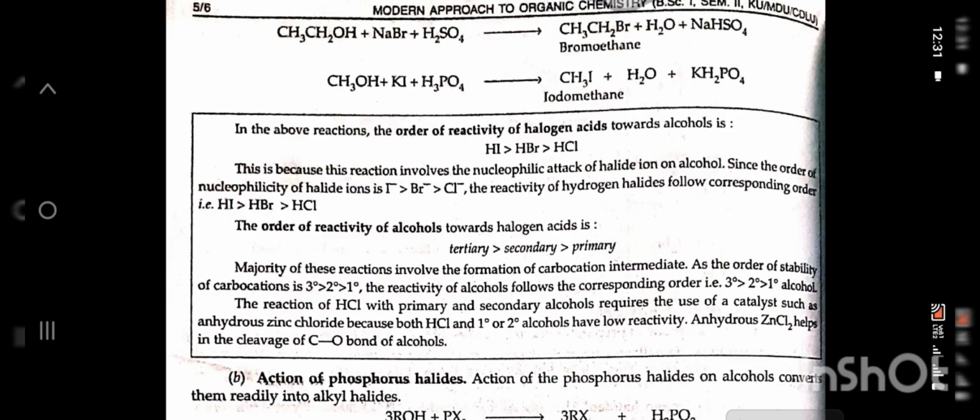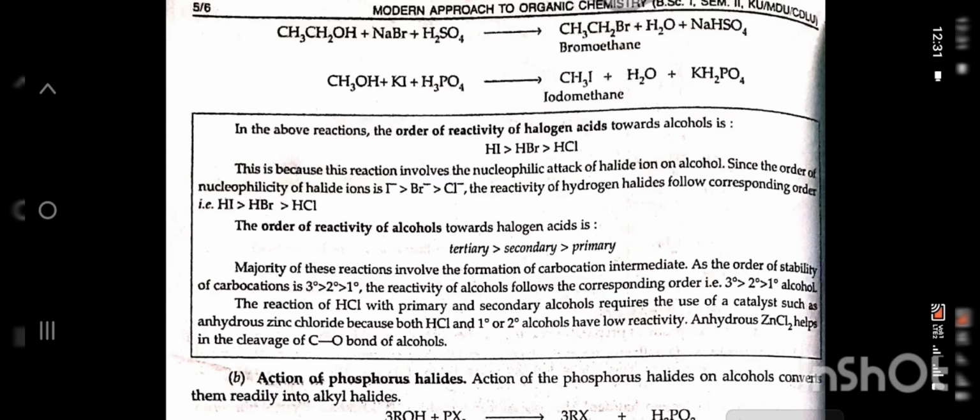In the above reactions, the order of reactivity of halogen acids towards alcohol is HI, then HBr, then HCl. This is because this reaction involves the nucleophilic attack of the halide ion on the alcohol. Since the order of nucleophilicity of halide ions is I negative, then Br negative, then Cl negative, the reactivity of hydrogen halides follows the corresponding order: HI, then HBr, then HCl.